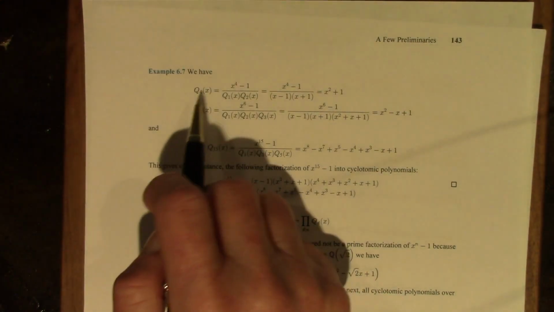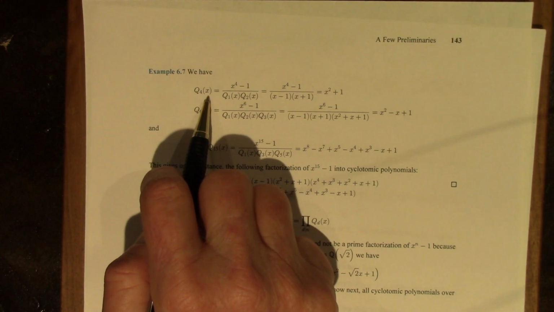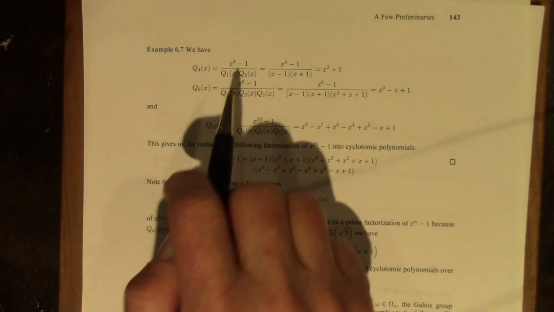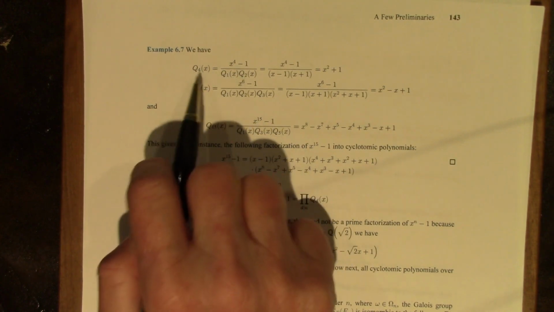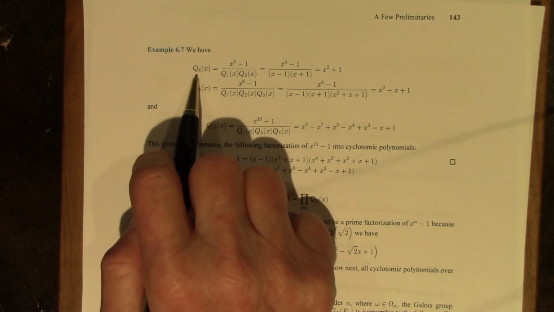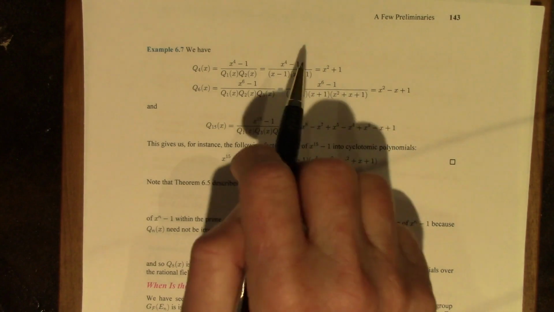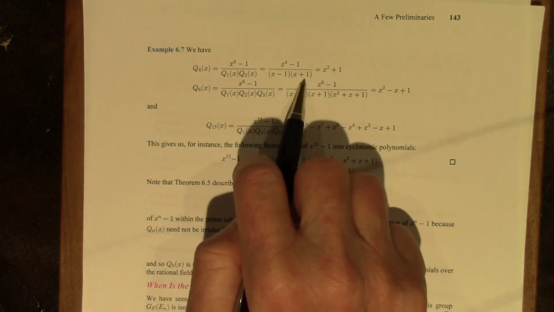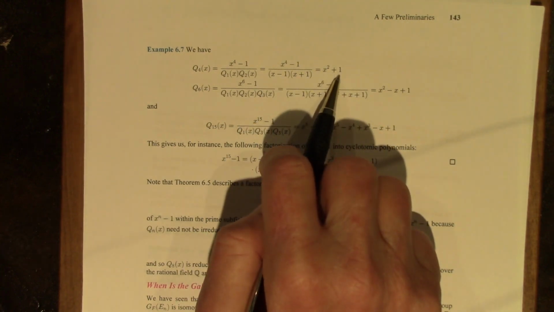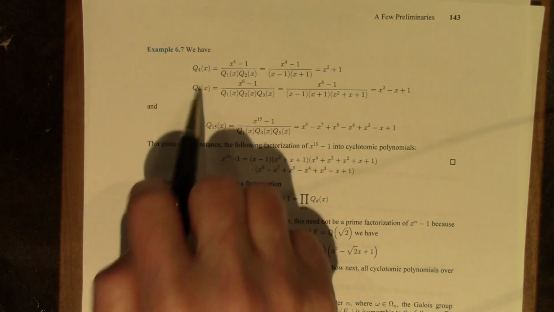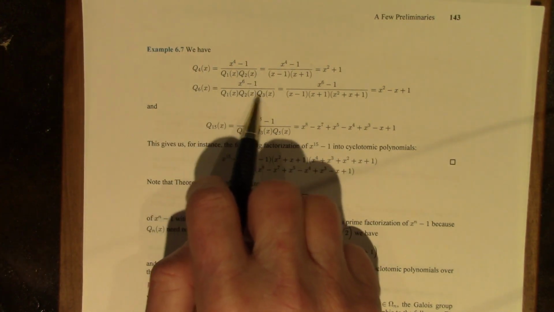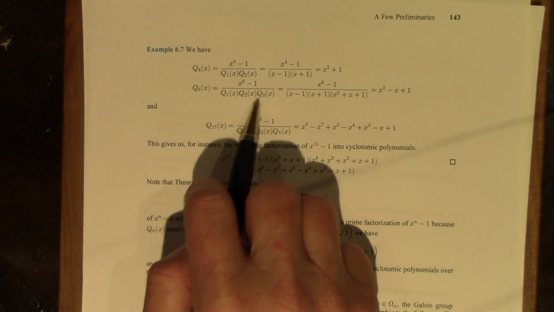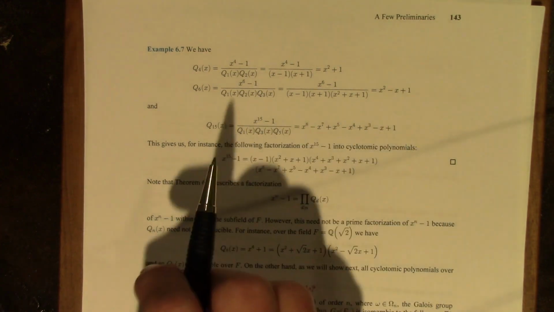So, for example, Q4 of x is x to the 4th minus 1 divided by Q1 of x times Q2 of x, because 1 and 2 are the divisors of 4 that are less than 4. And these are here, and so we get x squared plus 1. Q6 of x is x to the 6th minus 1 over Q1, Q2, Q3, and that works out here.